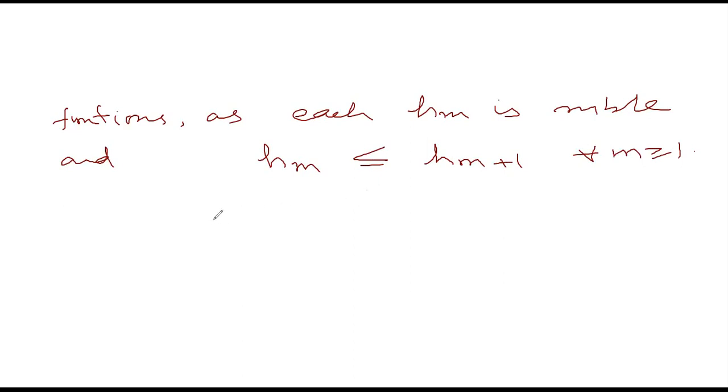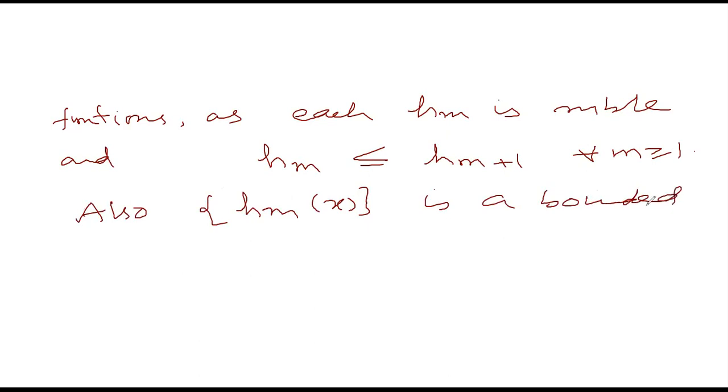And since this hm is bounded, hm is a bounded and increasing sequence. Also, hm of x is bounded because fn of x is bounded. Hm of x is a bounded sequence.